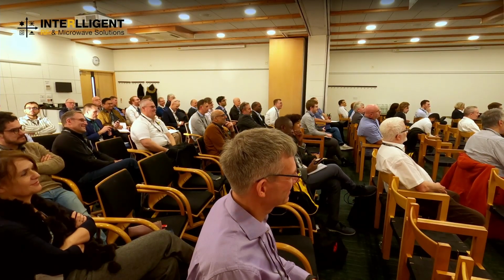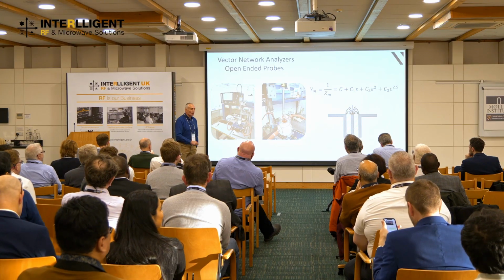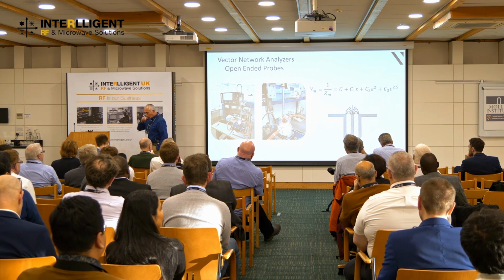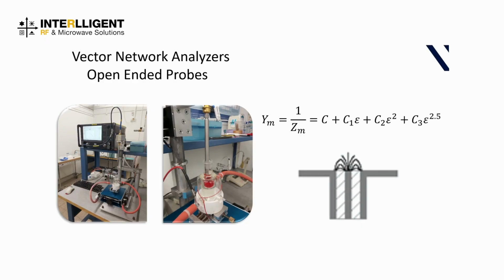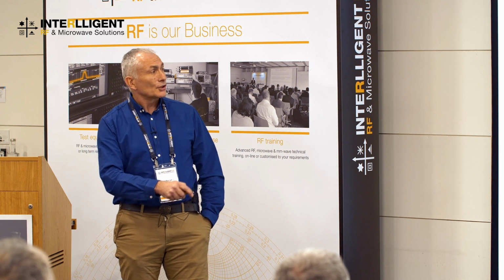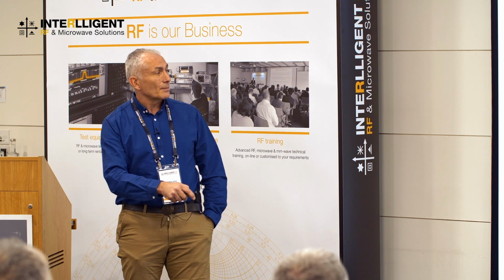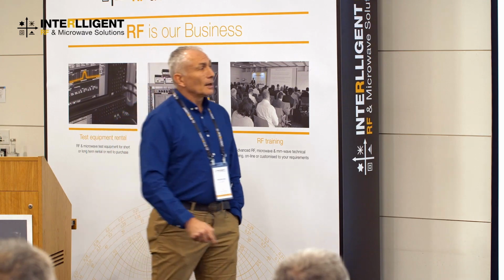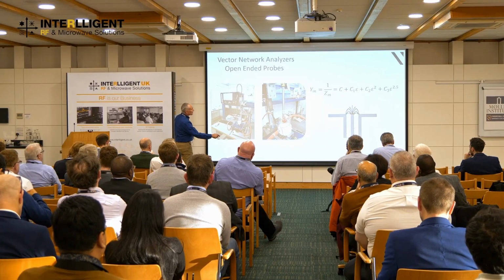But here we're using a well-calibrated open-ended coaxial probe. It just so happens that in the 1950s some amazing work was done theoretically to relate the admittance at the end of the probe to the permittivity of the material it was sitting inside. Basically, you'll recognize that as the fringing capacitance.